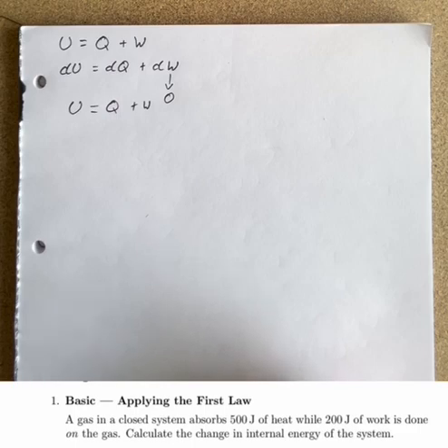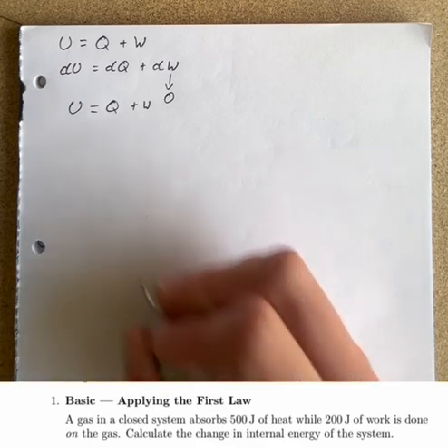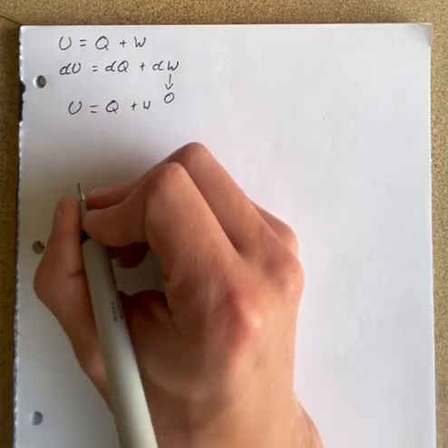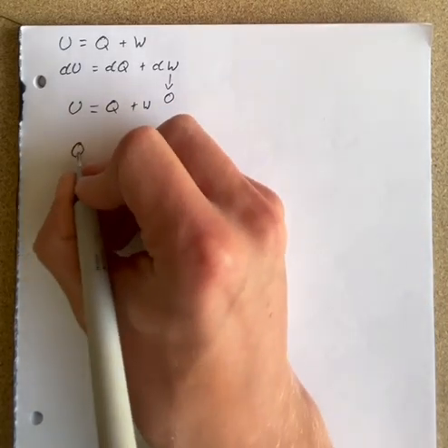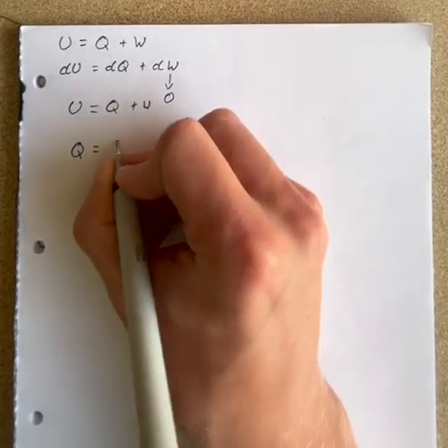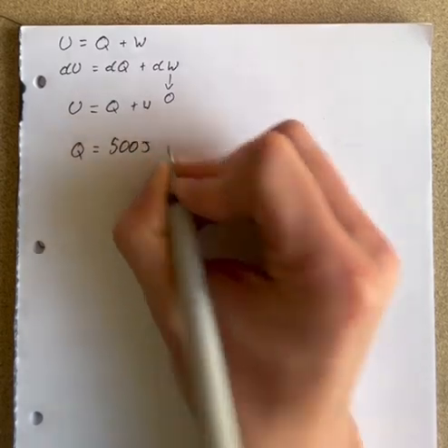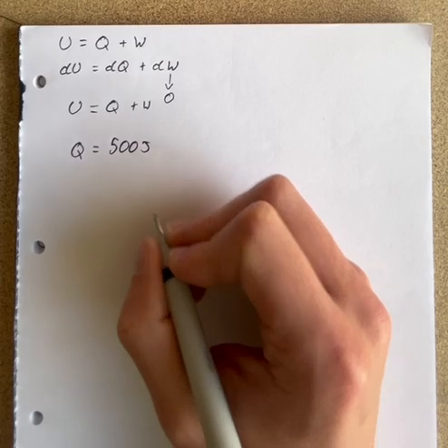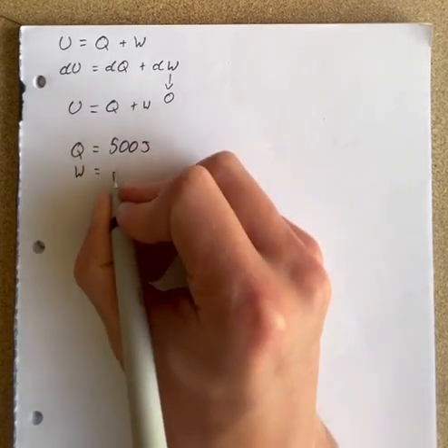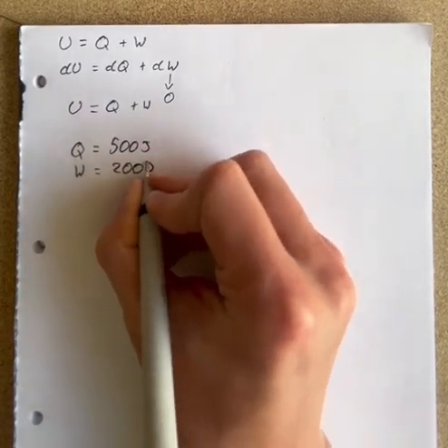A gas in a closed system absorbs 500 joules of heat, while 200 joules of work is done on the gas. Calculate the change in internal energy of the system. This is pretty simple. If we define the values they give us in the question, Q is equal to 500 joules. 200 joules of work is done on the gas, so the work done on the gas is a positive 200 joules.